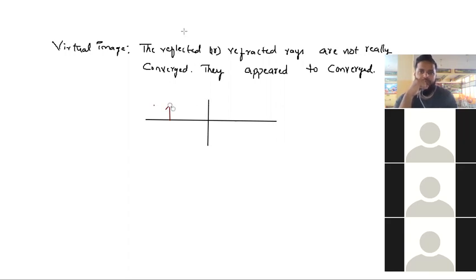Now the rays from this object: the first ray goes straight, because it is a diverging process, right?